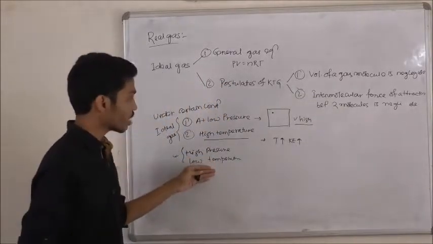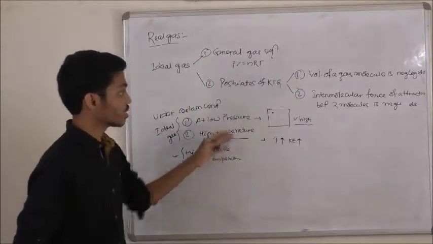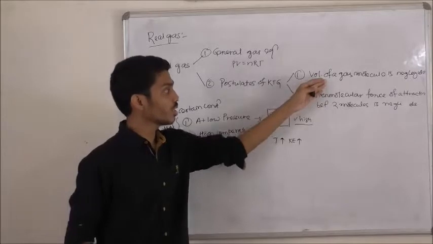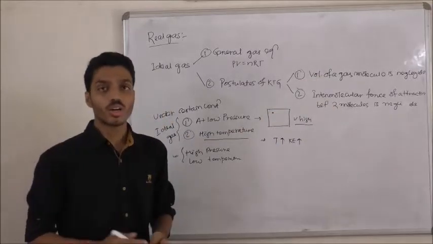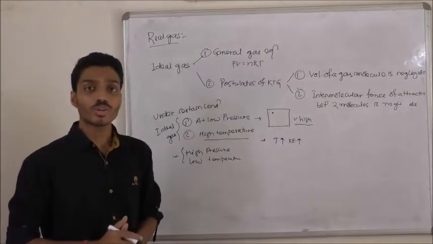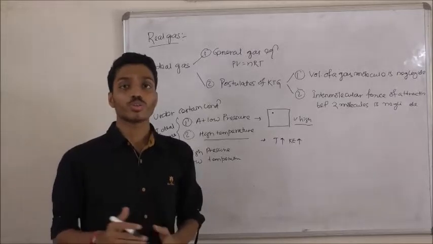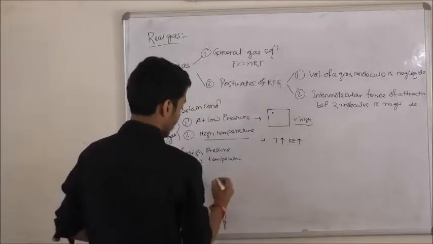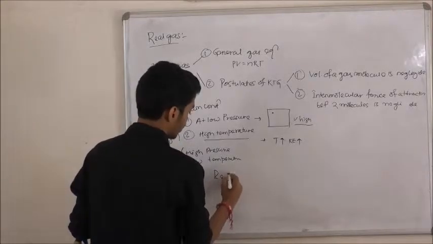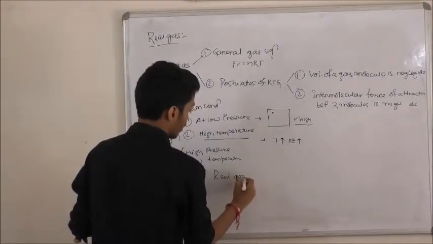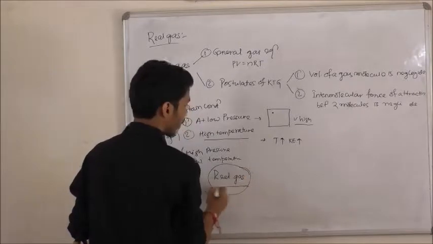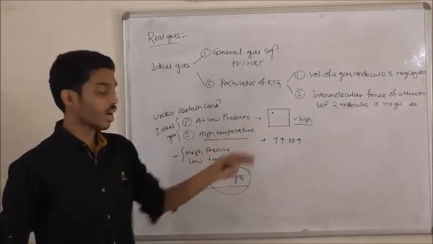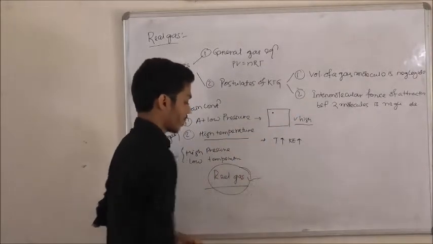Van der Waals was the person who introduced those kinds of gases named as real gas. So this is our topic of discussion. The gases that don't obey the ideal gas laws are known as real gas.